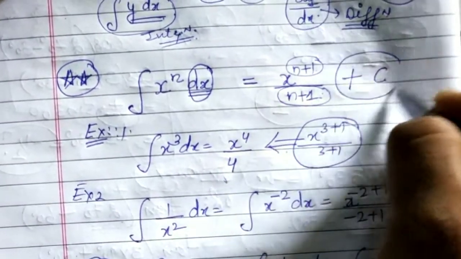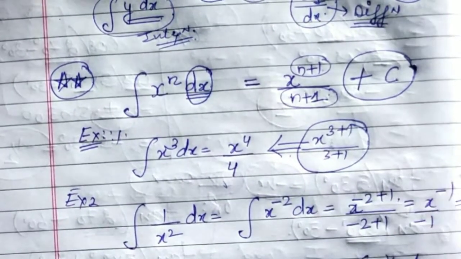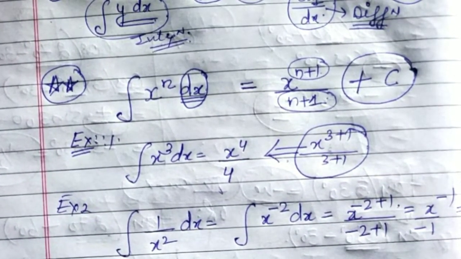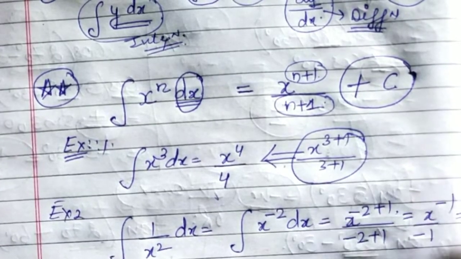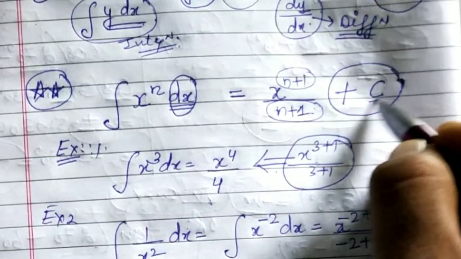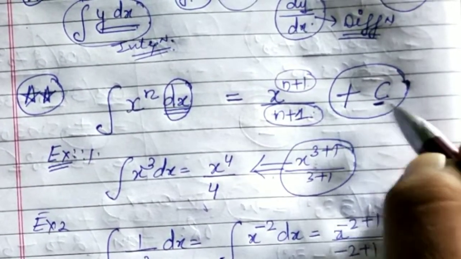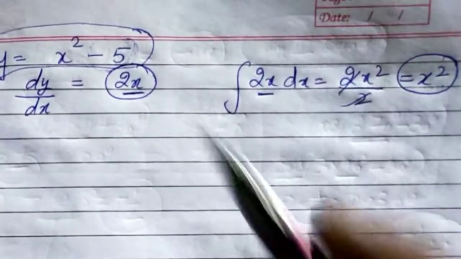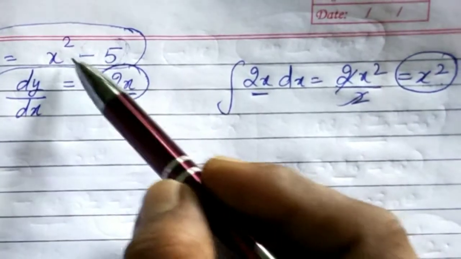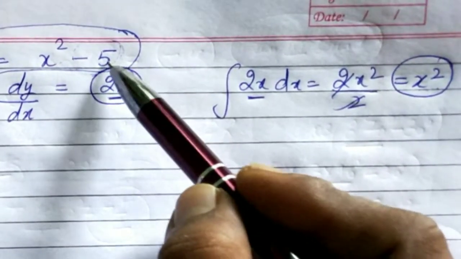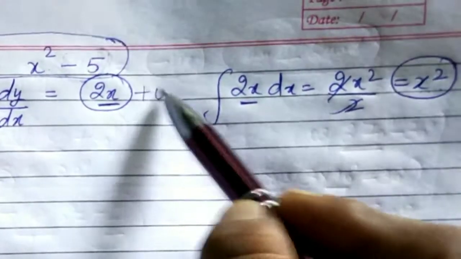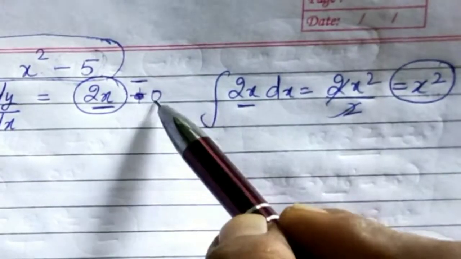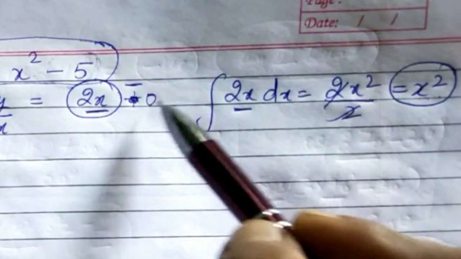We have two methods. Either we have to write a constant with plus sign, and the second method is of limits. We'll talk about limits later. First of all, let's talk about this constant. Why is this constant needed? Because of this case, when we differentiated 5, we got 0, but we were not able to integrate it back.